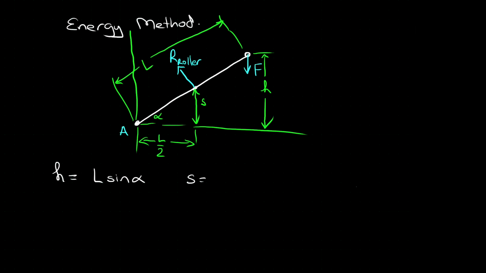S is equal to L on 2 tan alpha. That's because tan alpha equals S on L on 2. We worked that out from trigonometry. So these are our two key relationships that we need for the energy method, because what we want to do is work out the distance that the forces traverse, so that we can work out the energy that's actually expended.